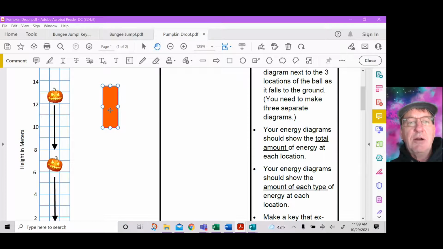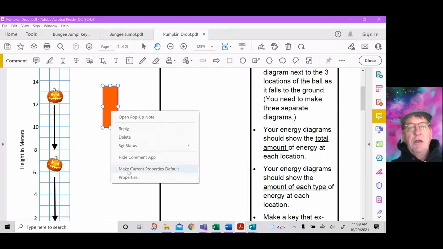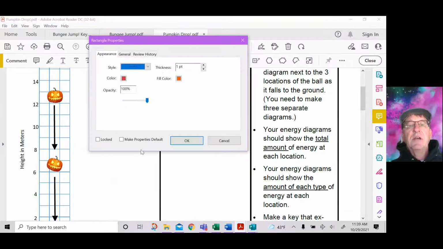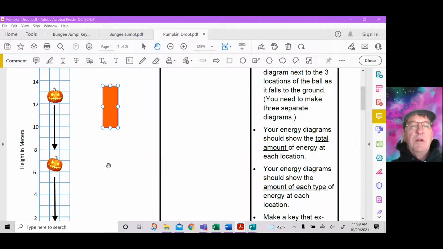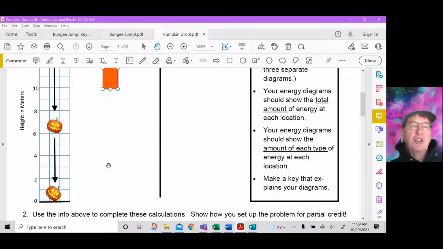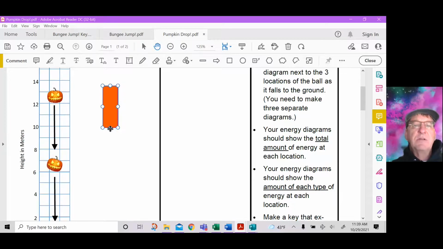And to change its color, I just right click, then I click on properties, and I can change the color of the center of it or the edge of it, the border of it. Now, I need to show 3 energy diagrams. That one seems a little tall to me. I'm going to shorten it up a little bit. There's my first energy diagram.